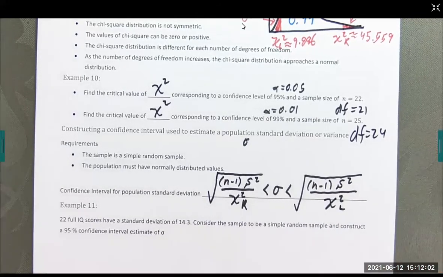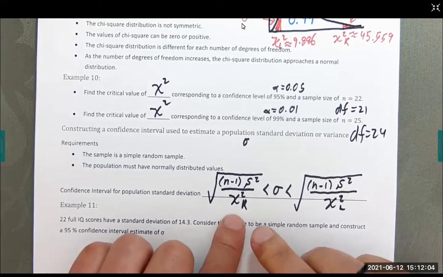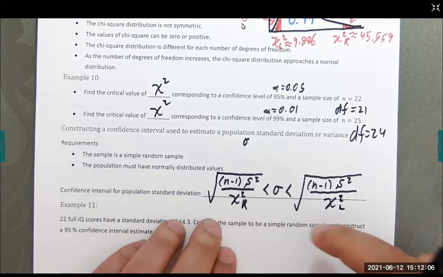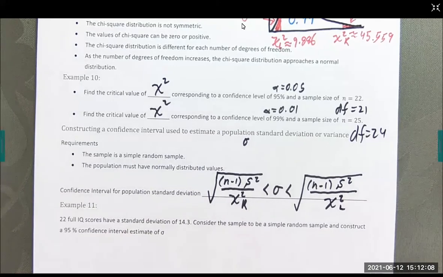Now, this might look a little backwards to you, like the right one is actually on the left, and there's a reason for that, but these are the way that we're going to find this out.